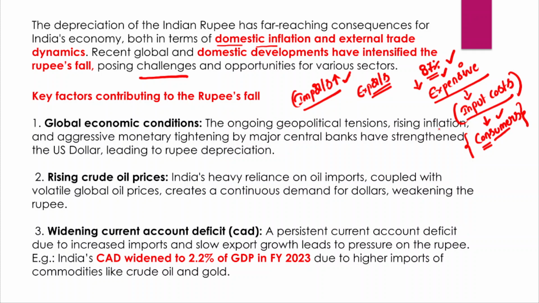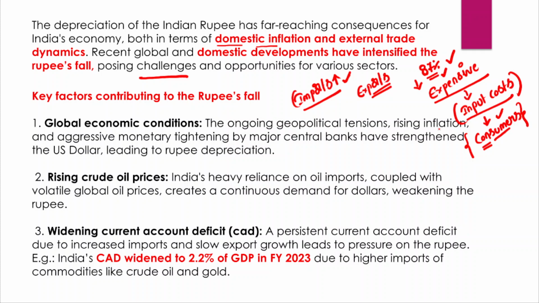Now we'll try to understand what are the key factors which have been contributing to the rupee's fall. One is global economic conditions. It is also important to understand that depreciation of rupee is not only because of the domestic factors.